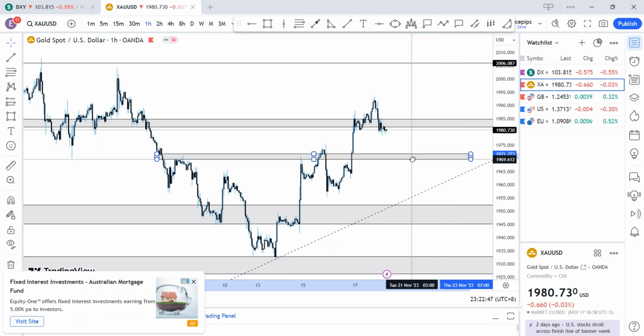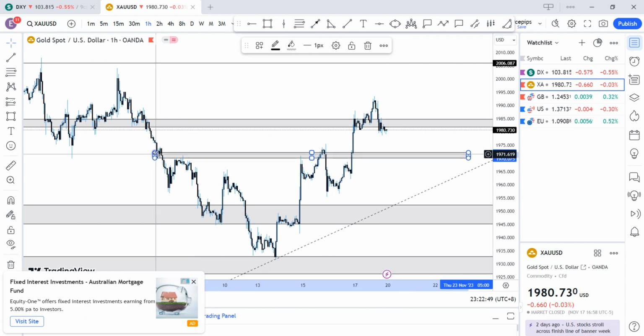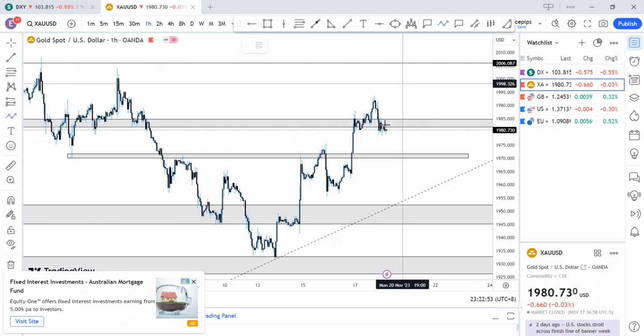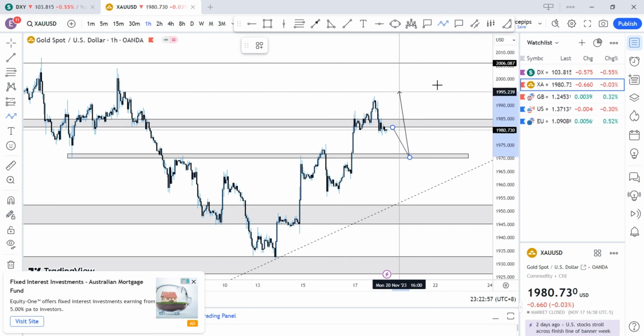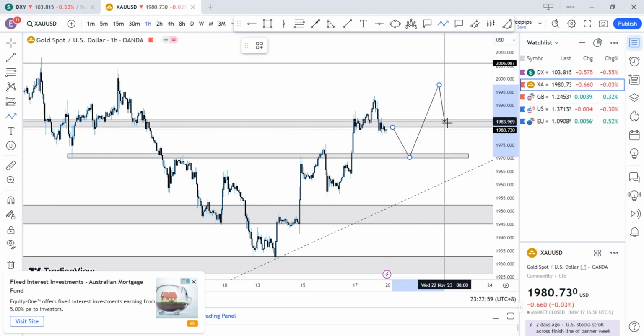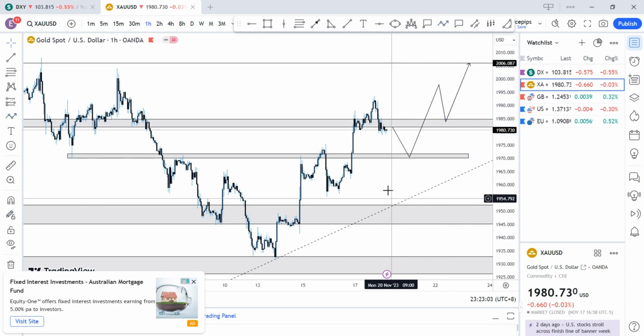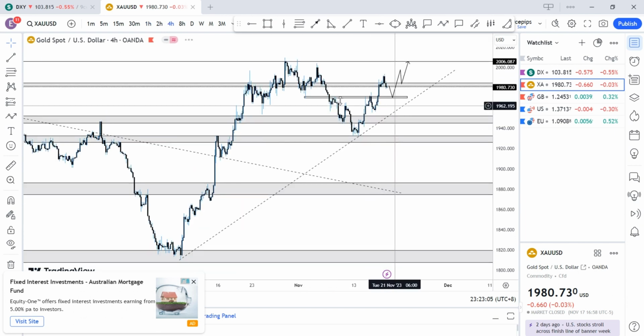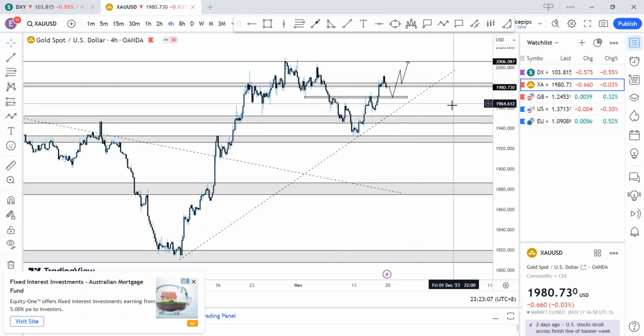And we might just get that pullback to this region. Price comes back to break this high it made last week and retest, and come back all the way to the high it made previously, 2005. All right, so this might be what we're looking for.